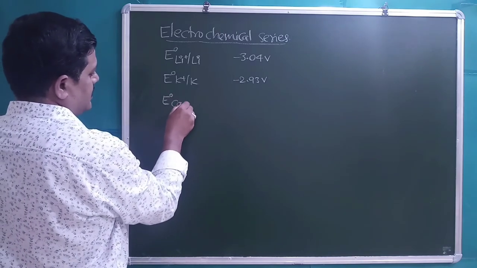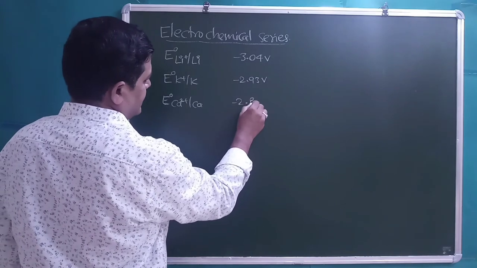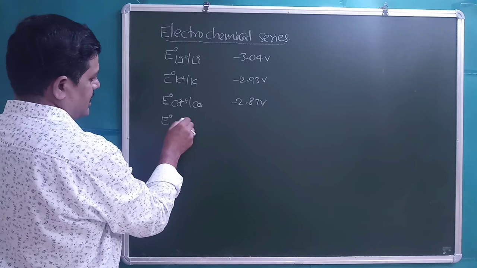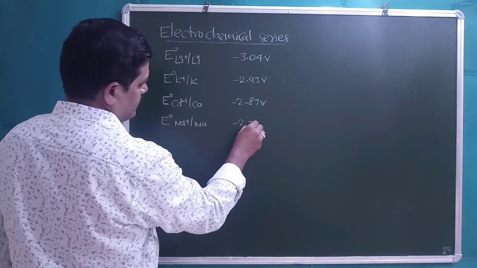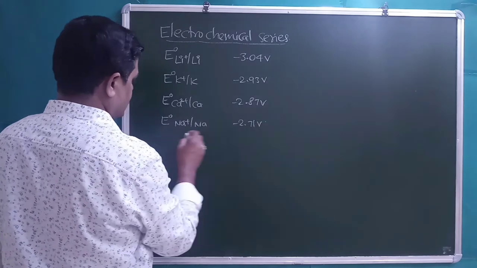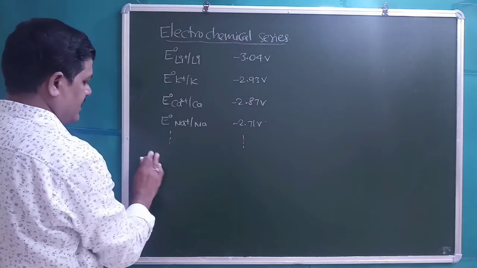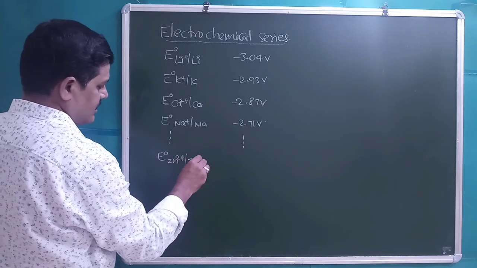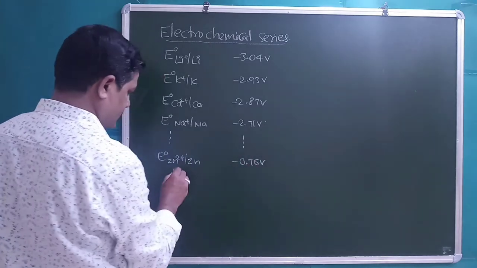E naught Ca2 plus slash Ca, minus 2.87 volts. E naught Na plus slash Na, minus 2.71 volts. After this, students, we get E naught Zn2 plus slash Zn, which has a value of minus 0.76 volts.